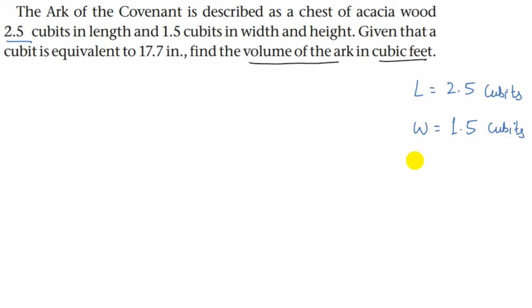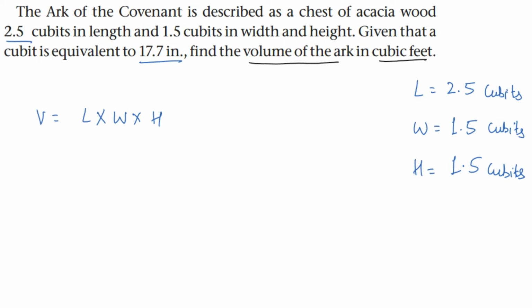The height H is the same as the width, so this is also 1.5 cubits. Volume, as we know, is length multiplied by width multiplied by height. This is a basic definition. We are also given that 1 cubit is equivalent to 17.7 inch.